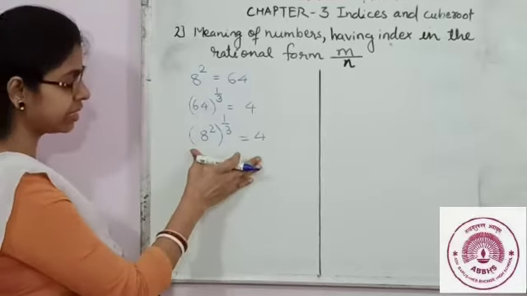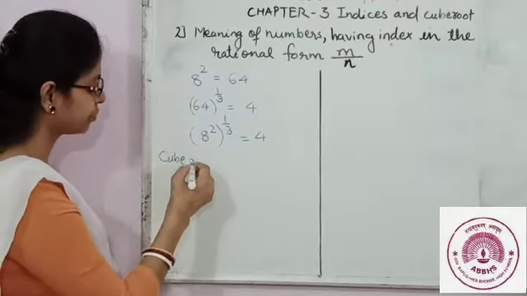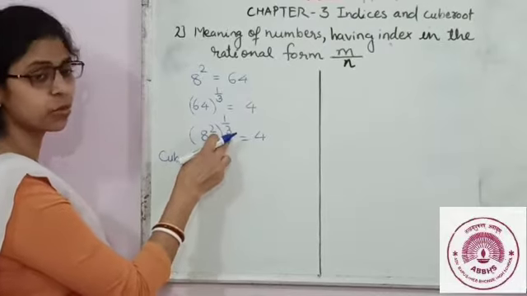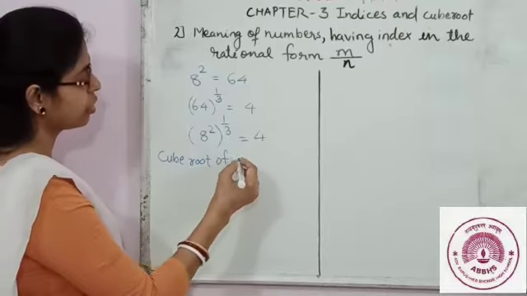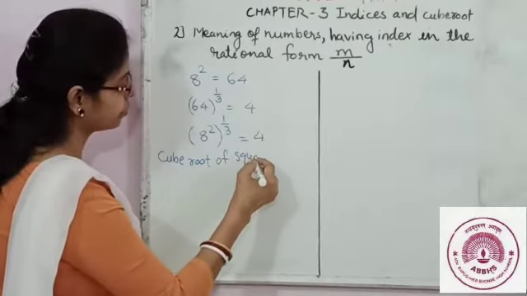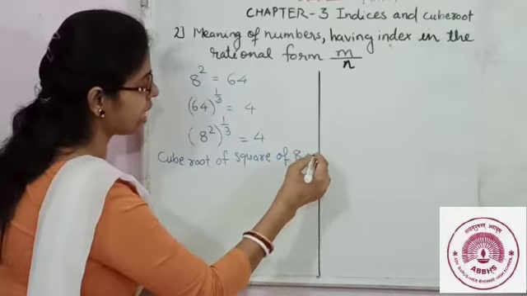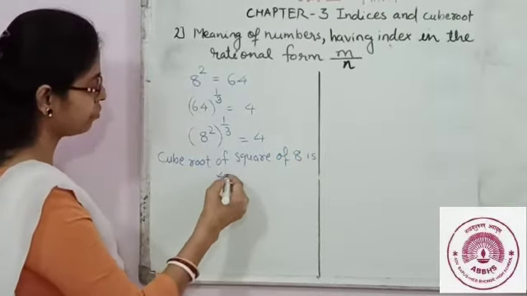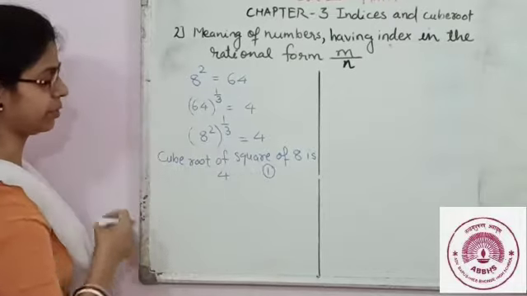Now we can read this as cube root of, why cube root? Because here it is 1 by 3. Cube root of square of 8. And what is its answer? It is 4. Now let this be equation number 1.